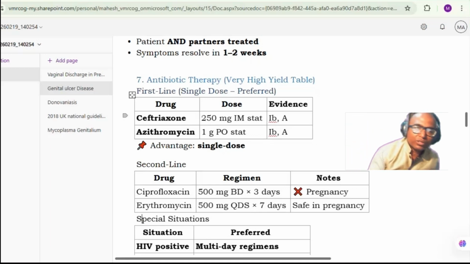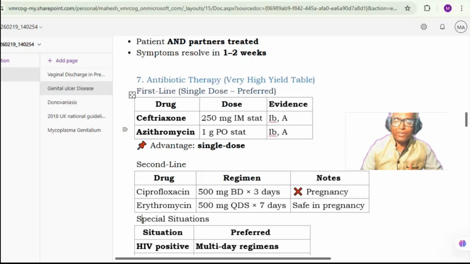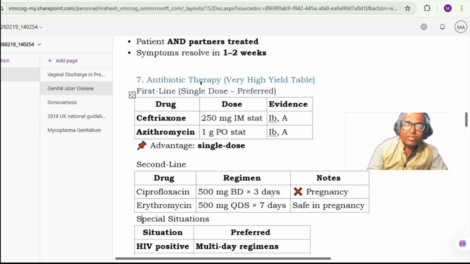Here also the first drug is ceftriaxone, but the other is azithromycin. And azithromycin alone is the first drug of choice in one condition, that is donovanosis. That we will discuss when we see it. There it is the only time you get azithromycin as the first drug. Here it has come as a first line, but the second preference, after ceftriaxone. If they ask you about donovanosis, it is azithromycin.